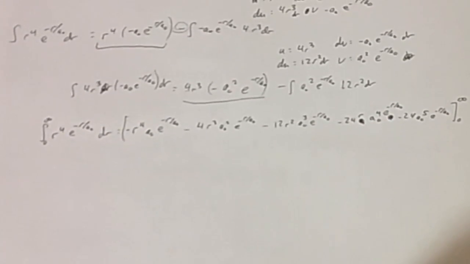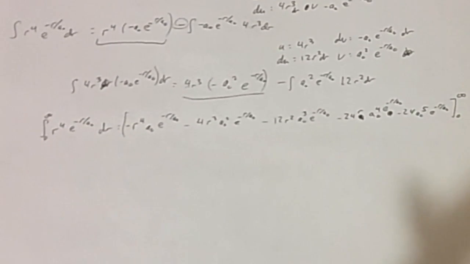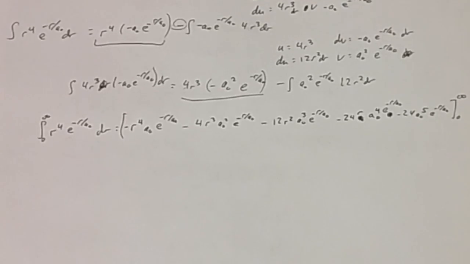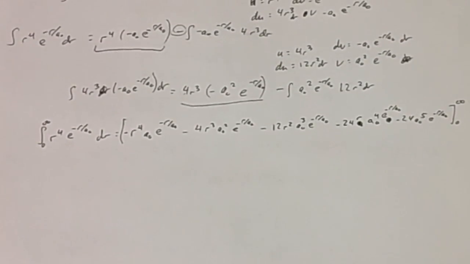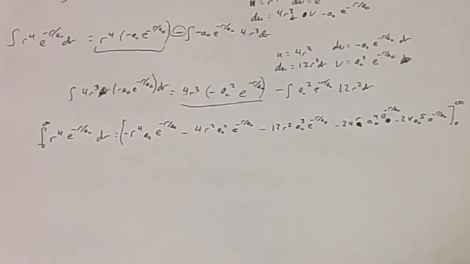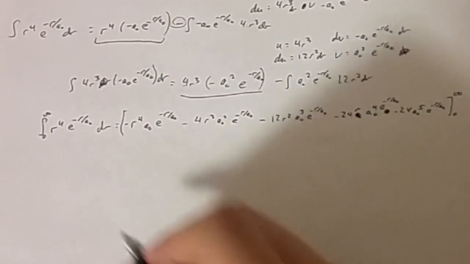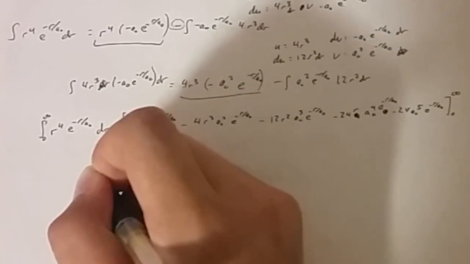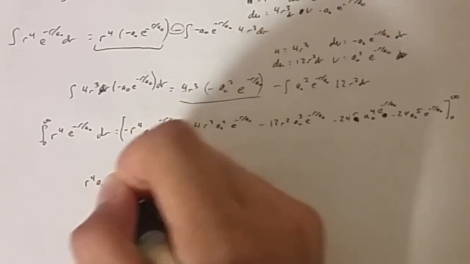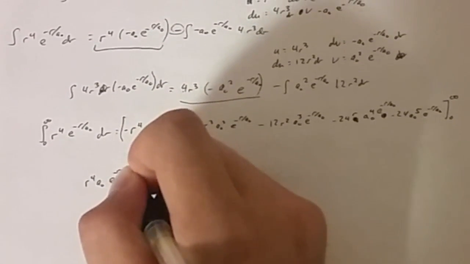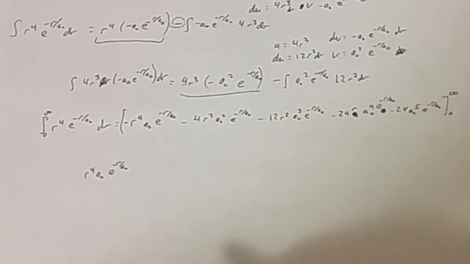Okay, so now we have to evaluate this integral that goes from 0 to infinity. Now that doesn't make sense, but here's how we'll look at it. Let's look at just the biggest term, this r4 a naught e to the negative r over a naught. I just want to look at this term and figure out what's going on.